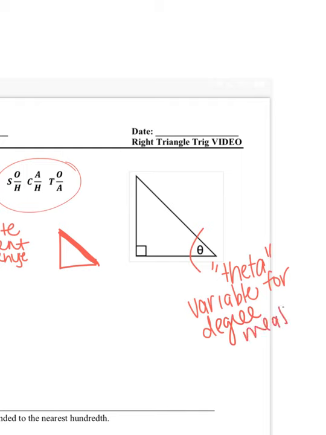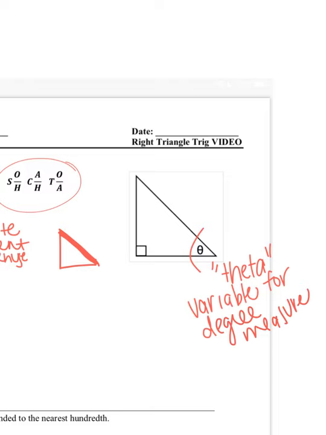So you can still call that x. There can be examples where you see that the angle measurement is x, but more often than not, especially when you go into Algebra 2 next year, you're going to see that little theta symbol.